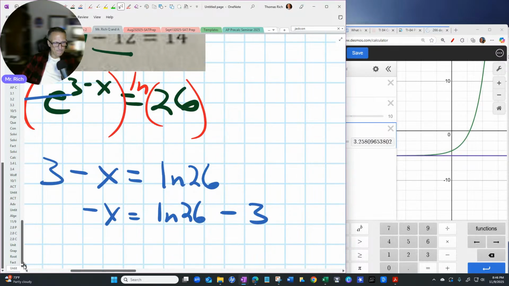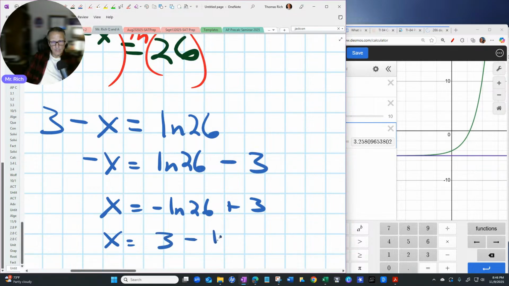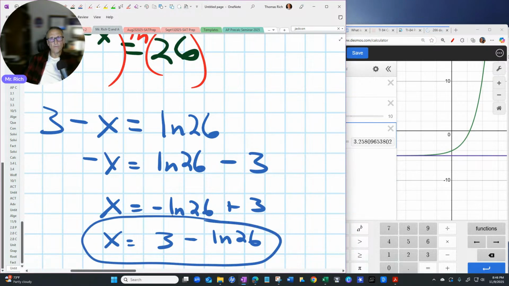And when I do that, that will give me x equals a negative natural log of 26, and that would become then plus 3. And turning those two terms around, I could call it 3 minus the natural log of 26. And so that right there, Olivia, is your exact answer for x.